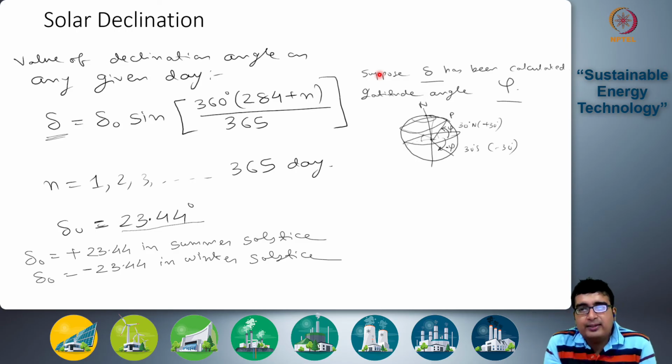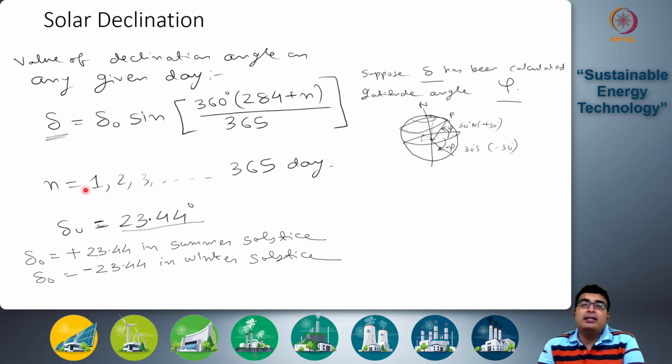And we can evaluate the declination angle on a given day using this formula, where the declination angle delta on a given day is given by delta naught, which is 23.44. Delta naught is plus 23.44 in the summer solstice, minus 23.44 in the winter solstice, times sine of 360 degrees times (284 plus n) by 365. Okay, so we kept delta naught as 23.44.